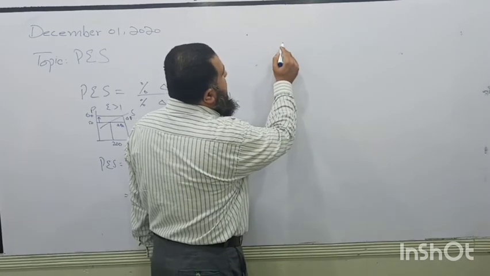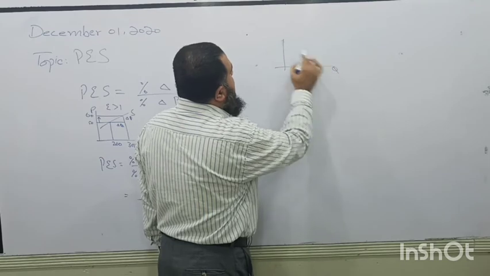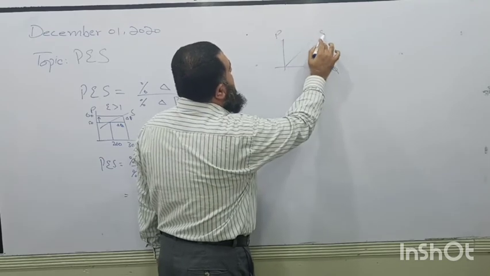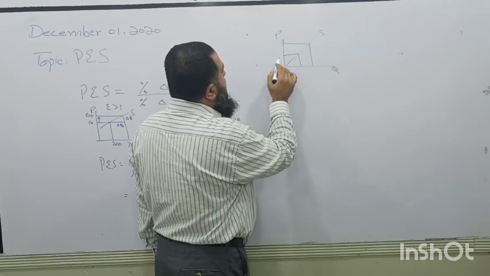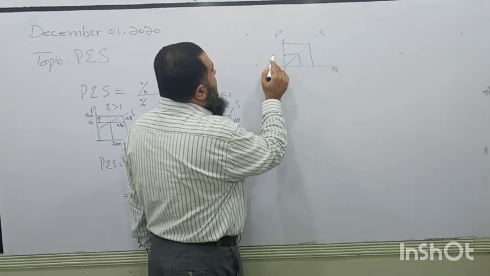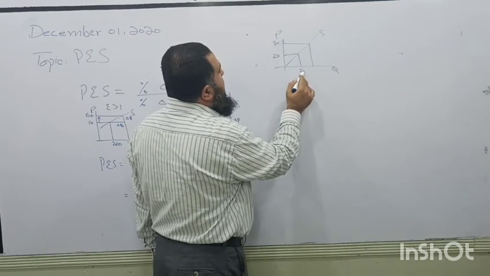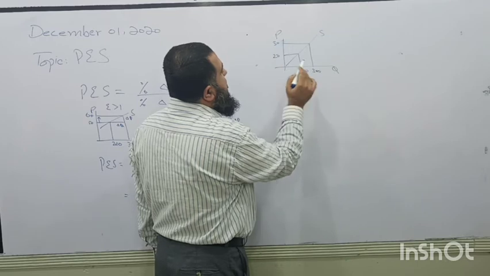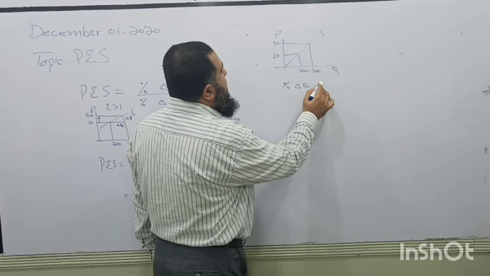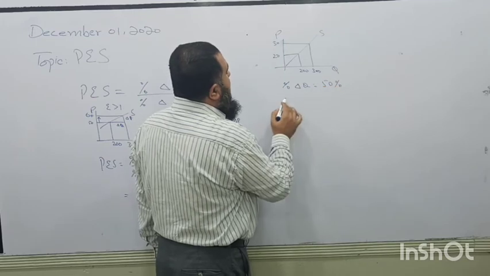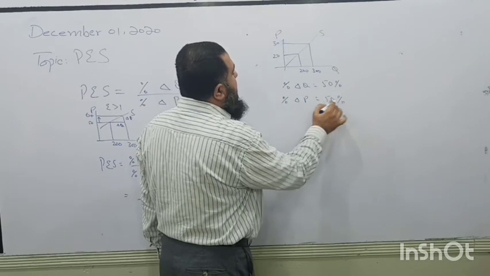And if I take another example, like I take first of all the graph over here, which is pointing towards the origin. So you can see over here, price is now 20 to 30 and quantity supplied will be increasing from 100 to 300. So you can find the percentage change in quantity is 50%, and percentage change in price is also 50%.